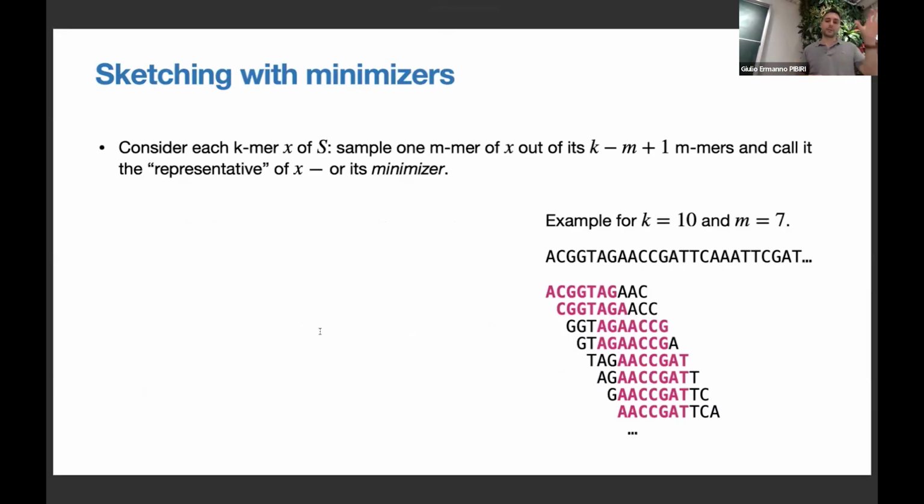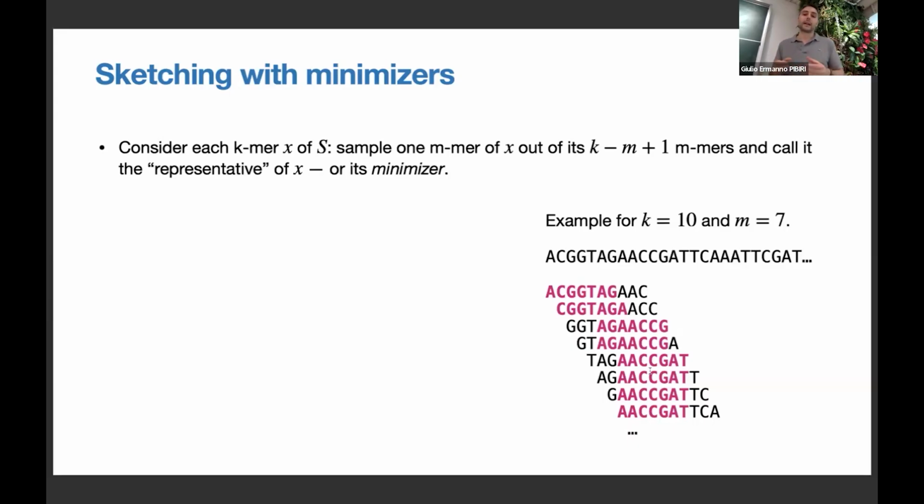All right, so again, consider our collection of k-mers, for example, here on the right. What we want to do is to look at each k-mer, x, and select some substring, some m-mer for a given parameter m less than k, and consider this m-mer as the representative of the k-mer.